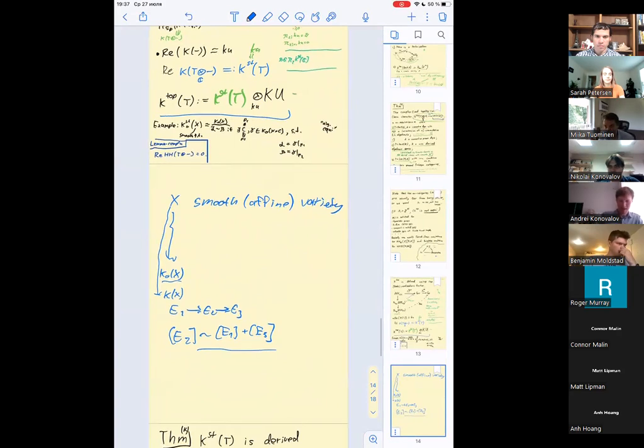Okay, and one can also assign to X its topological K0 of the corresponding topological space. You consider the space of complex points of X with the complex topology, and you consider topological vector bundles, again modulo an equivalence like this, for example.